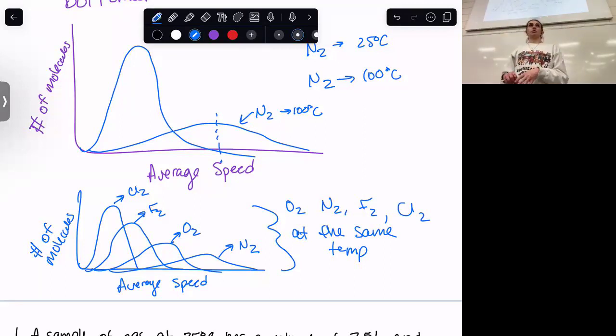Okay, and that's a Boltzmann distribution. Multiple choice questions or fill in the blanks, labeling a Boltzmann distribution is a good quiz question or test question. Just wanted to introduce that and explain it a little bit.